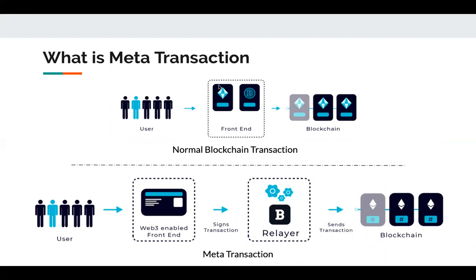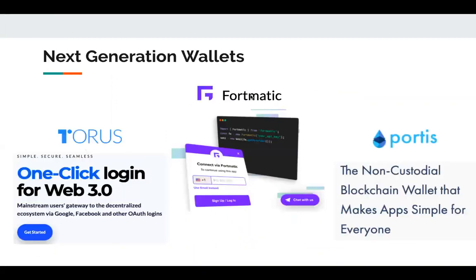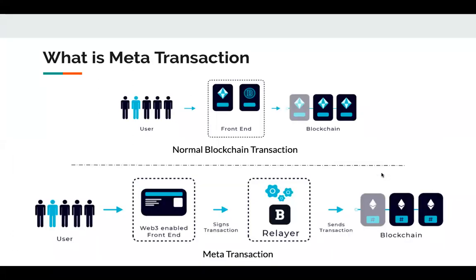He is interacting with the front end, and at the front end you can have these wallets, either Torus, Fortmatic, or Portis. They will present you a very simple user interface. You will log in with a mobile number or an email or a Google account, and when you do a blockchain transaction, it will directly interact with this blockchain, and eventually the end user will be the one paying the transaction fee for that particular transaction.